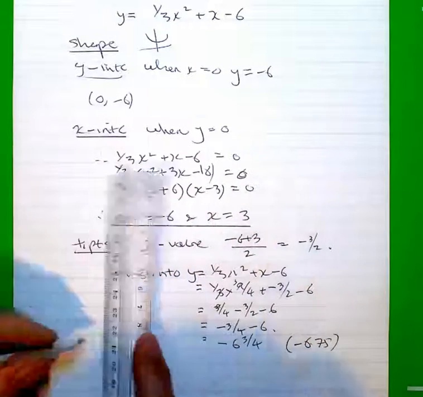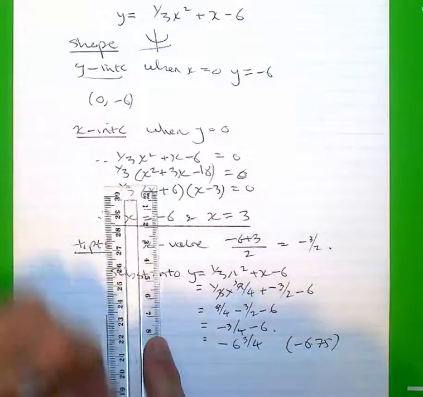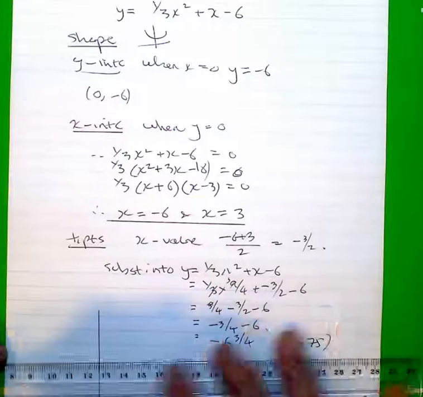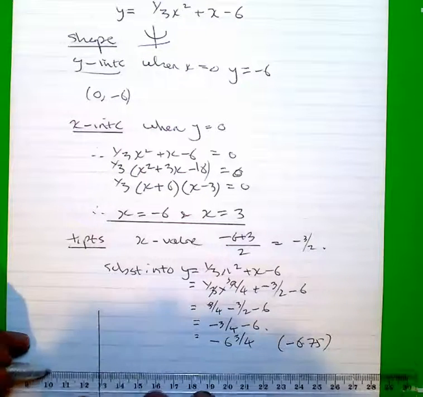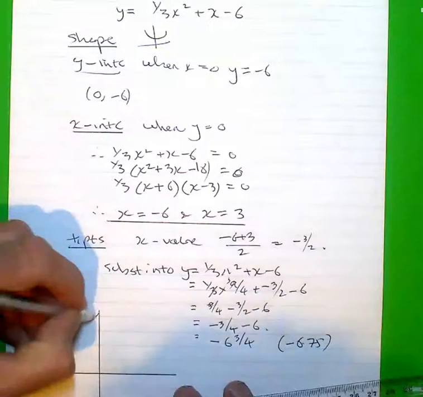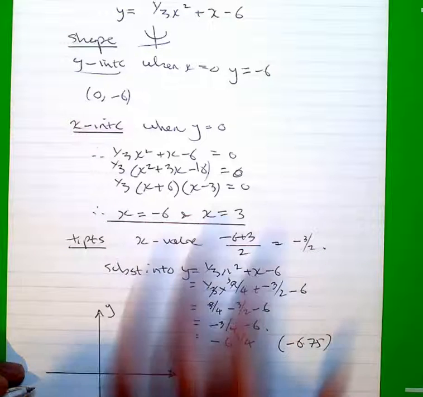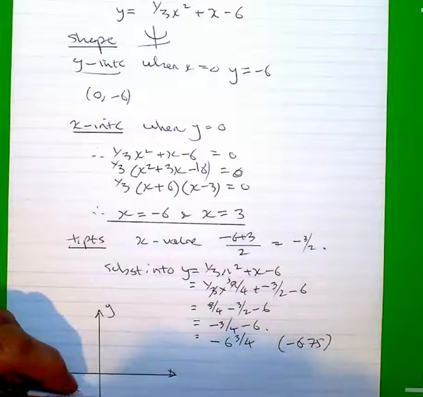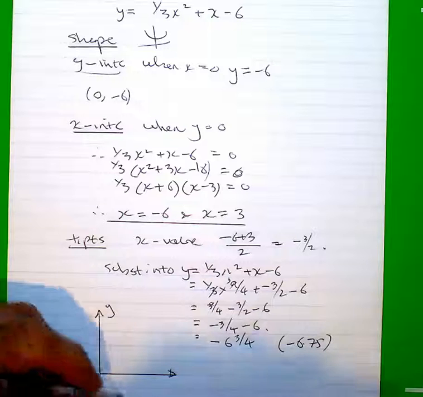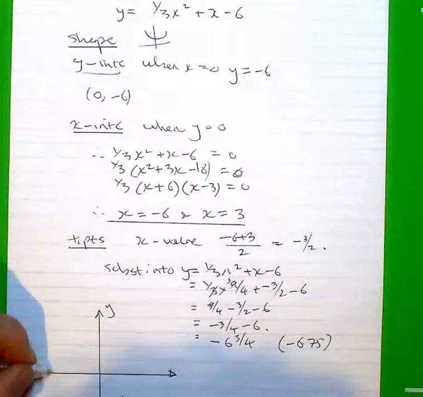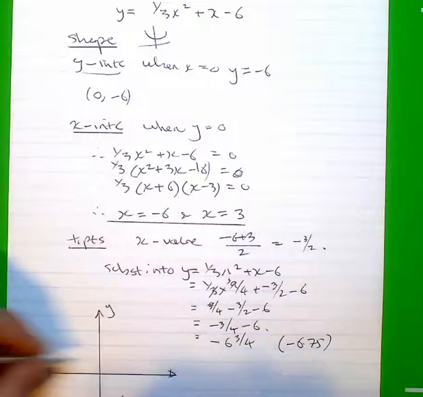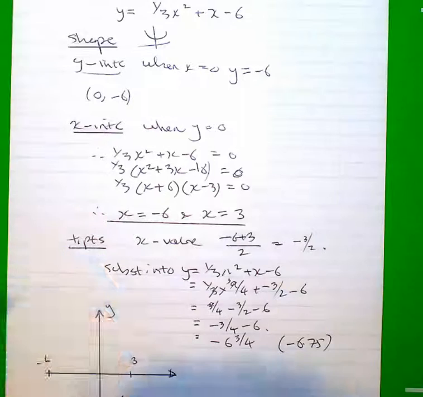I'll do that, then I'll come back and show you how we can make use of completing the square, which is a technique we will have to use as we proceed through. And when I sketch my graph, it only has to be approximate. My y-intercept of -6 go there. We've got -6 here, 3 here.